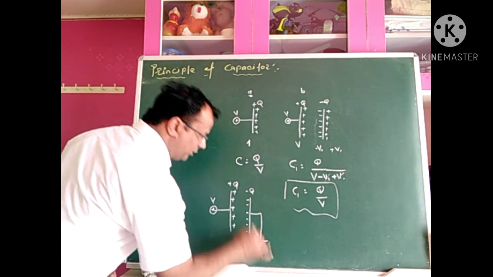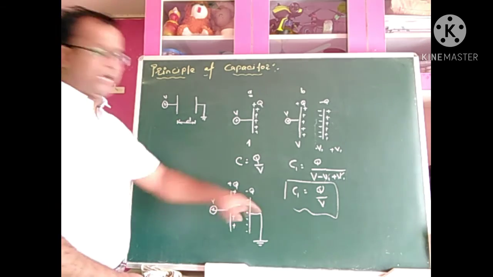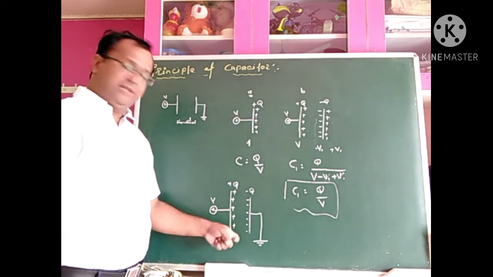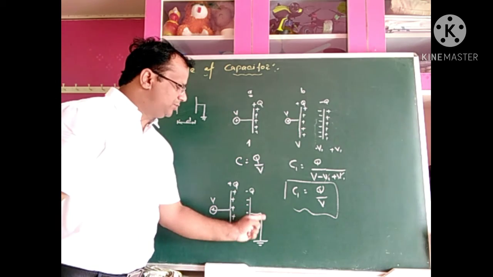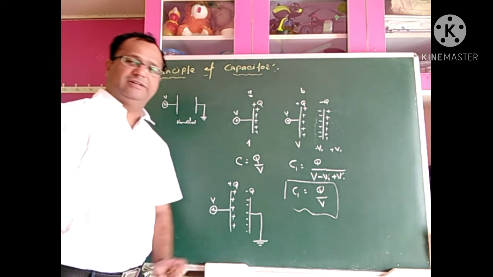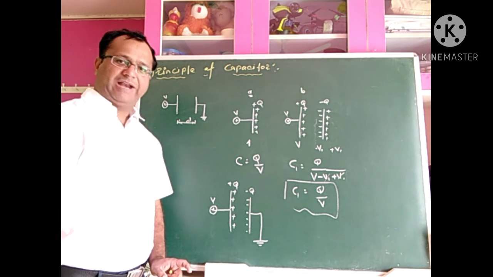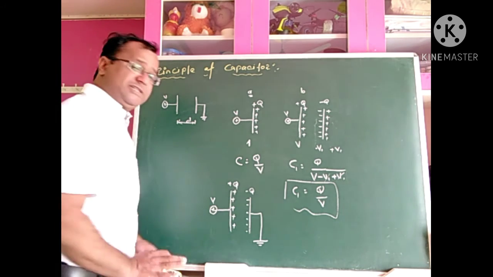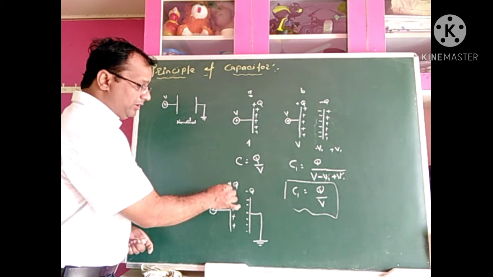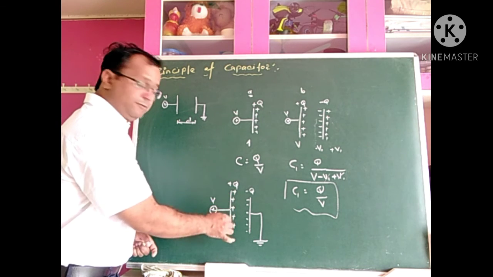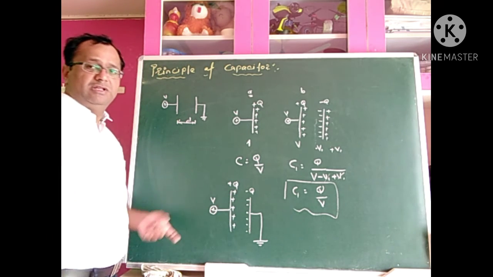It means that if we give earthing to the other side of the second plate, all the positive charges move into the earth. So in this system we get only positive charges on the first plate and negative charges on the second plate.